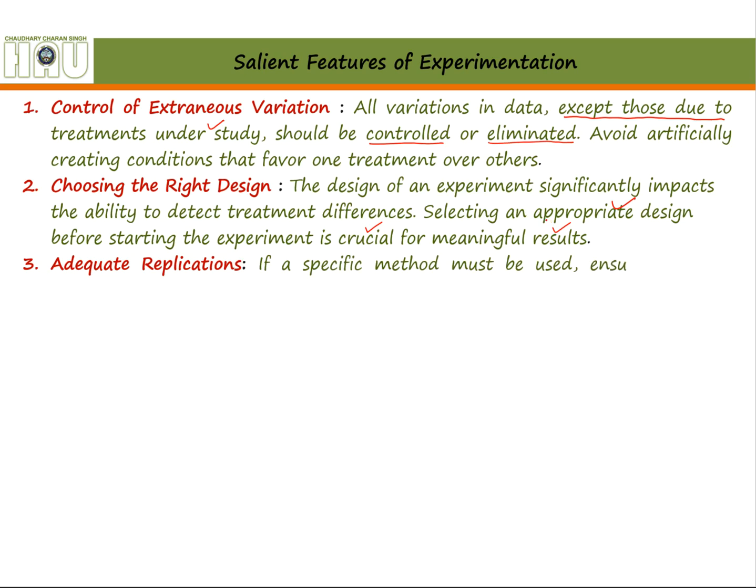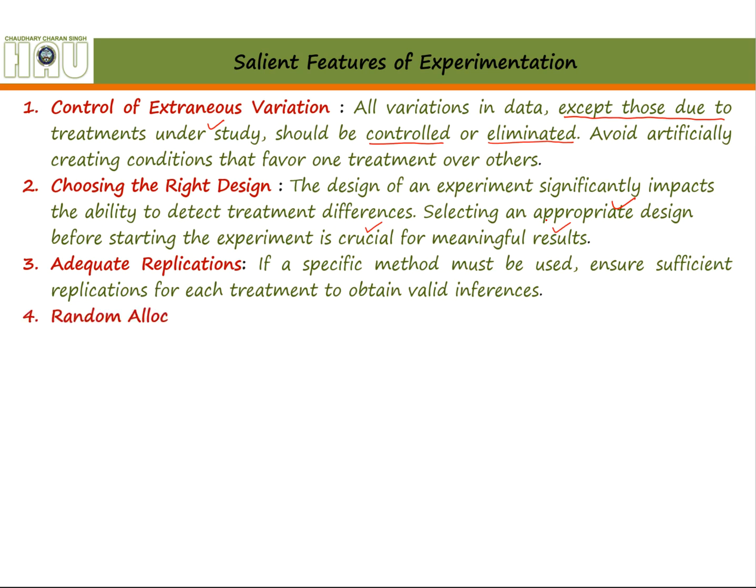The number of replications, meaning how many times your experiment is repeated under identical conditions, is very important. You have to ensure a sufficient number of replications for each treatment in order to get valid inferences, because without replication in experimental design it is not possible to get the error variance, which is the key component of any experimental design.